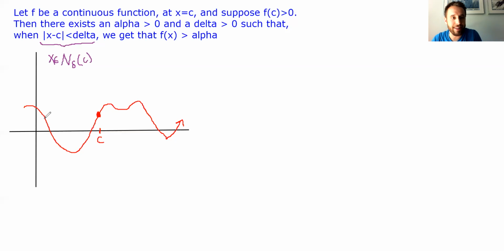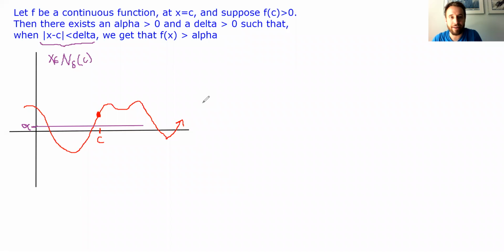And so the idea is that alpha is going to be some number, but it's sort of representing a height. So maybe let's pretend this is our height alpha. Maybe I'll just draw a line here to signify what the height is.